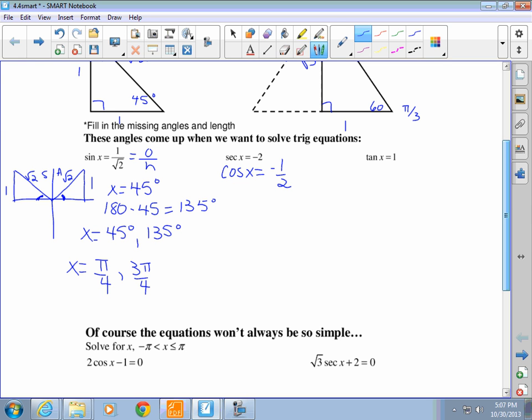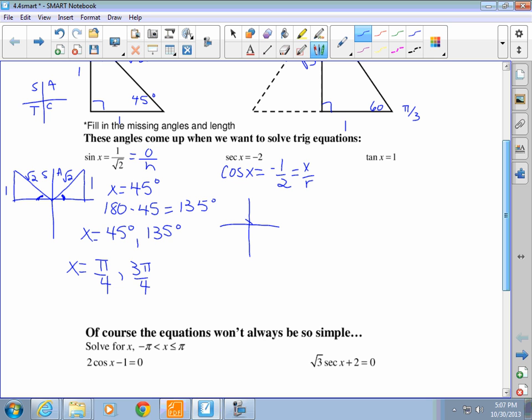And I know that cos is, if you think of your SOH CAH TOA, adjacent over hypotenuse, or if you think of x, y, r, it's x over r. Cosine is negative if I'm thinking of my CAST rule. Cosine is negative in quadrant 2 and quadrant 3.